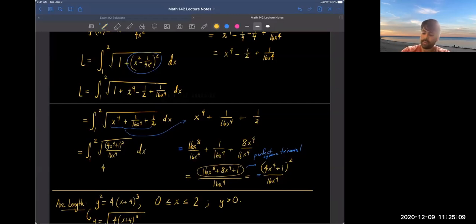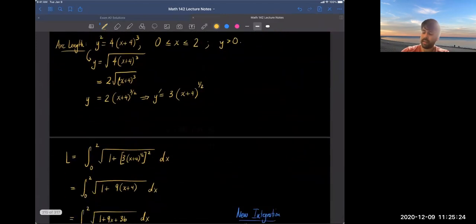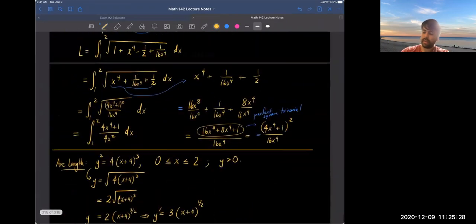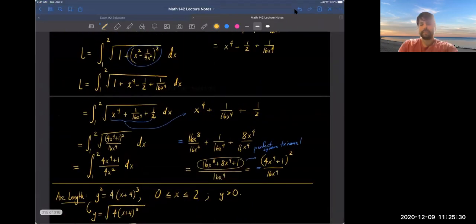So the numerator becomes 4x to the fourth plus 1 divided by the square root of 16x to the fourth, which is 4x squared. Are you guys with me? Are you guys following what I'm doing? It's a little crazy. Okay, and now how do I evaluate this?